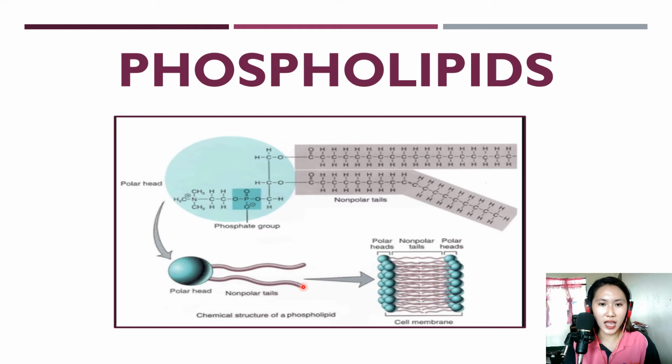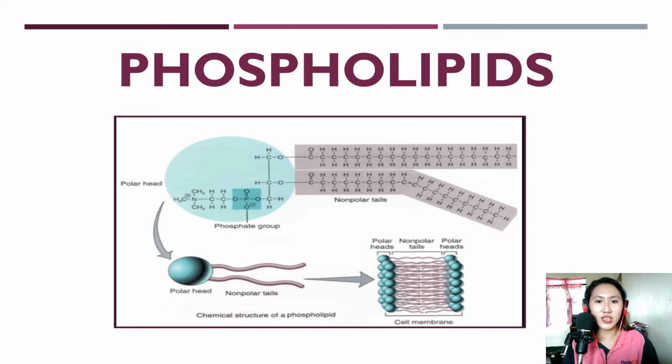The tail naman, the fatty acid tail, however, is non-polar. This means that the tail is hydrophobic or water-hating or water-fearing. So this means that it does not mix with water, okay?